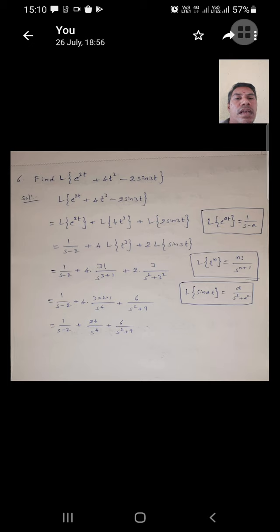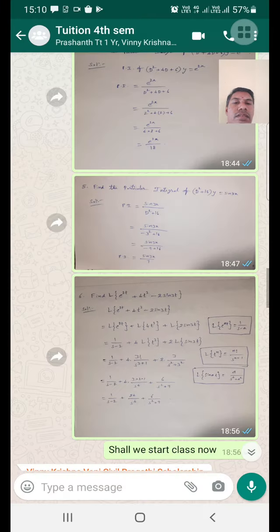Remember that there is a difference between Laplace transformations and inverse Laplace transformations. After the Laplace transformation we get the answer in s terms. In inverse Laplace transformations we get it in t terms. Read perfectly.